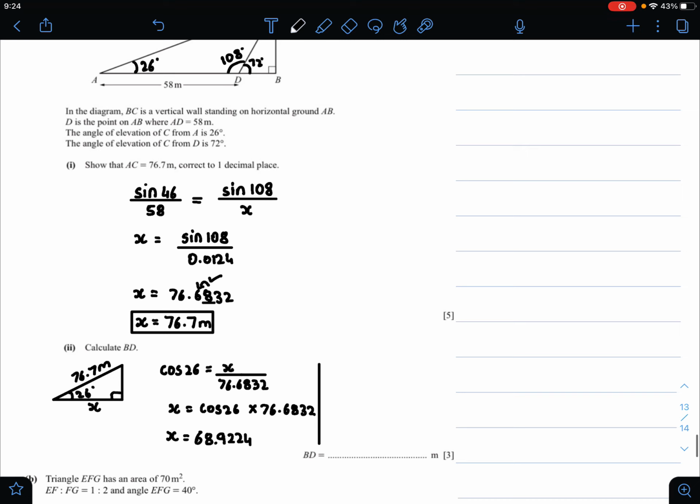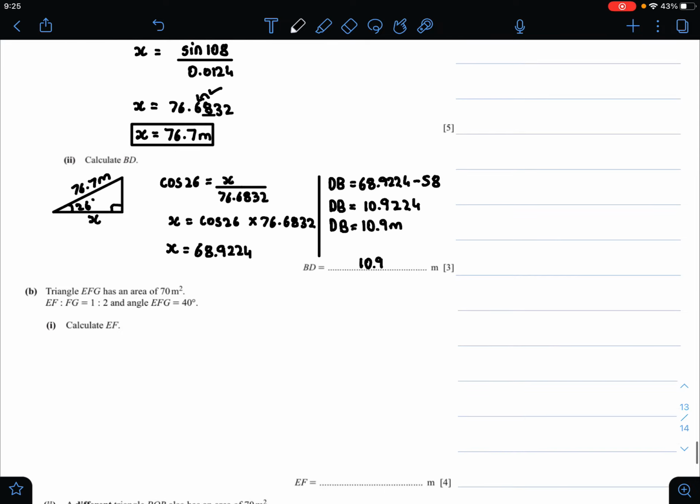So to find DB, all we need to do is, from this value of 68.9224, we subtract 58. So DB will be equal to 10.9224, and therefore DB in 3 significant figures will be equal to 10.9 meters. So 10.9 meters will be our final answer for part A2.